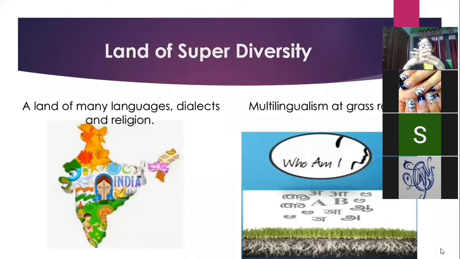That's how multilingualism develops. Right from the nursery class or the playhouse, when they go to school, they are taught in a different language. They are not taught in the same home language or mother language. That's how they acquire multilingualism.